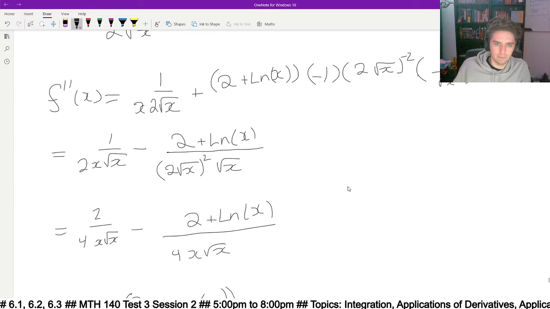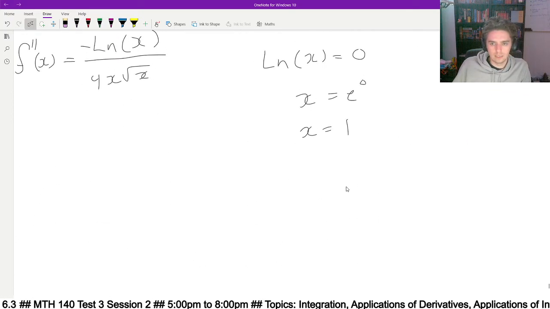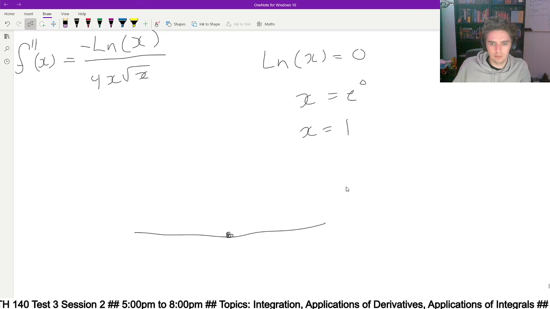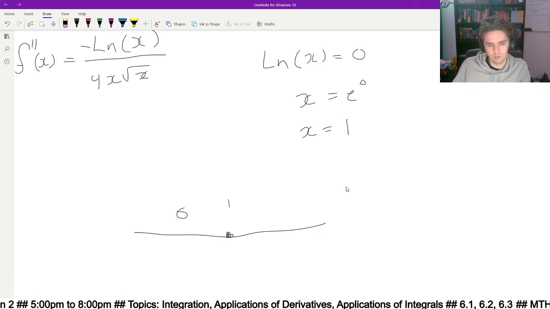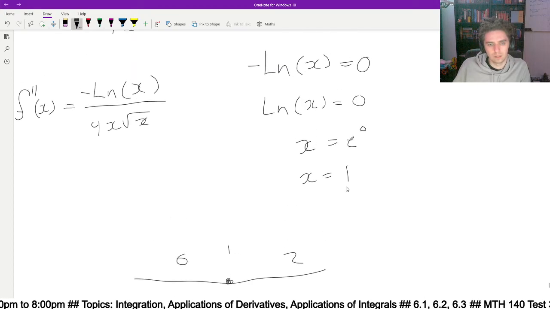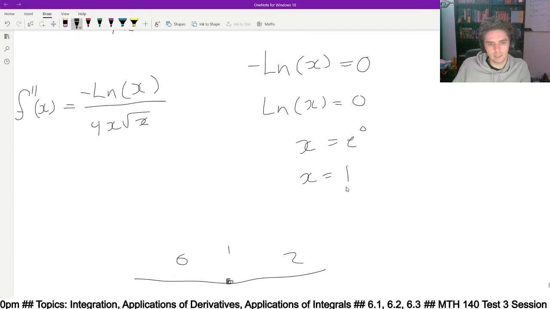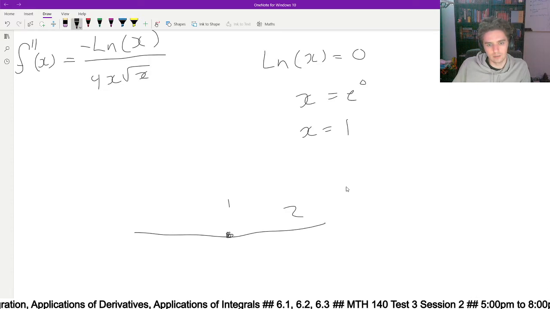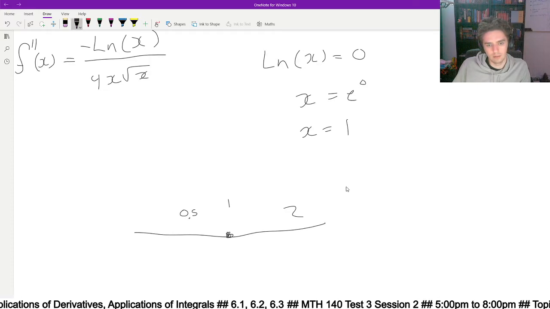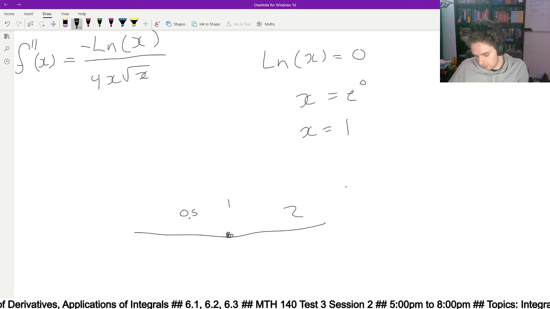Or concave down to concave up. So let's do a second derivative test at, well, I guess easier to just do 0 and 2. So the second derivative at 0, well, ln of 0 doesn't exist, so we can't do that. So 0.5.